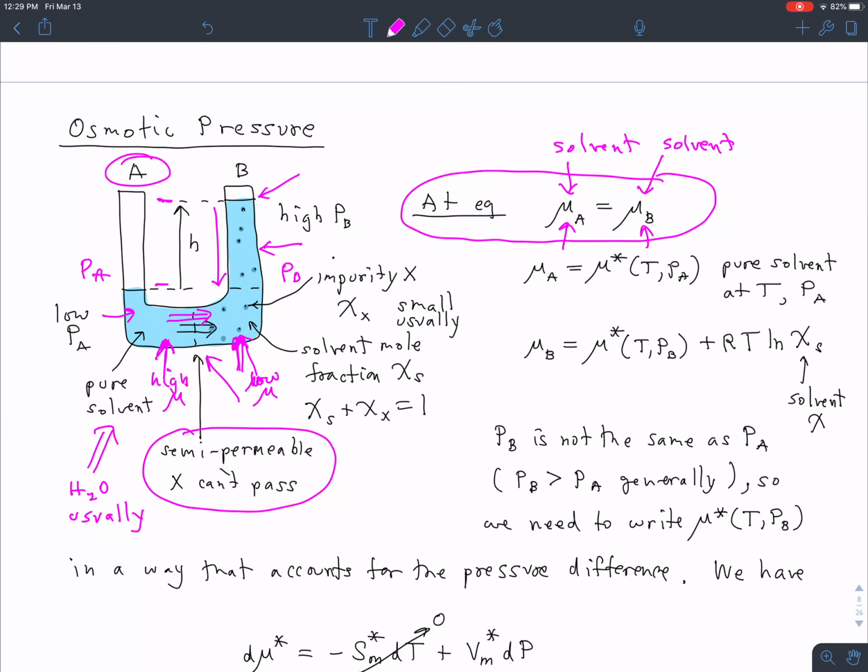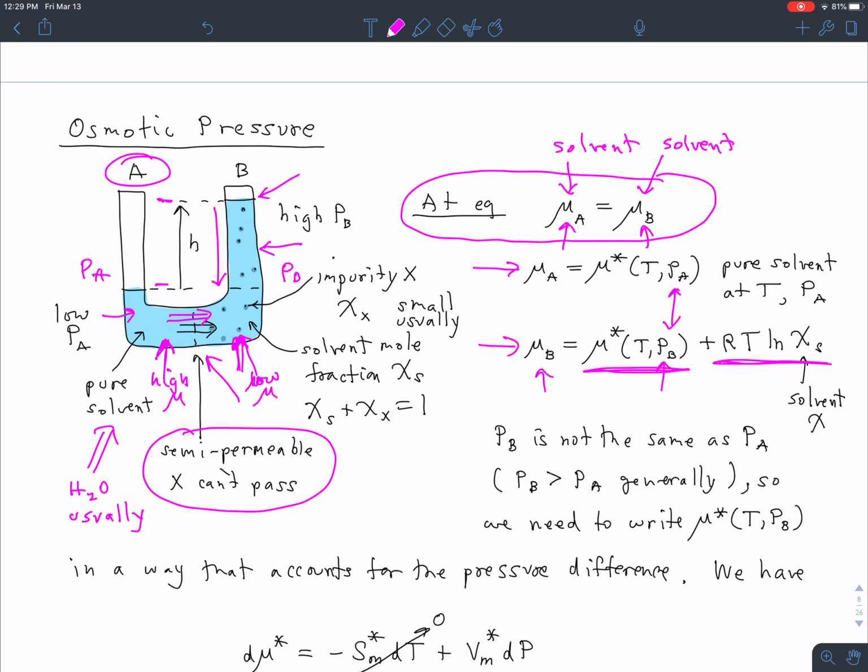Okay, so what we need to do then is look again at our expressions for chemical potential, now accounting for the fact that the pressures aren't the same on the two sides. On side B, the chemical potential will be the standard state chemical potential at the high pressure, pressure B, plus the term that accounts for the impurity.